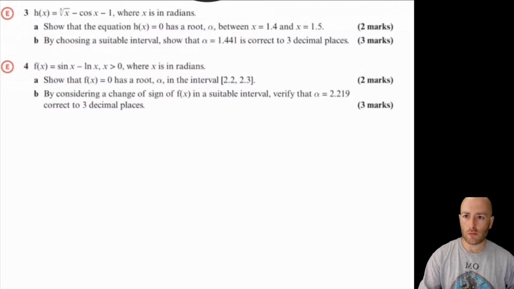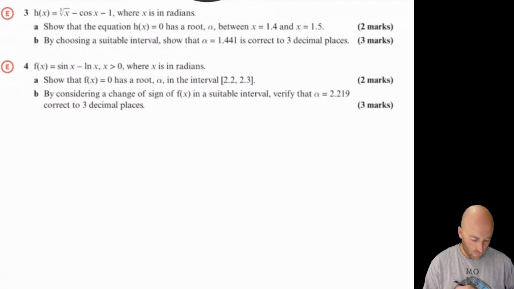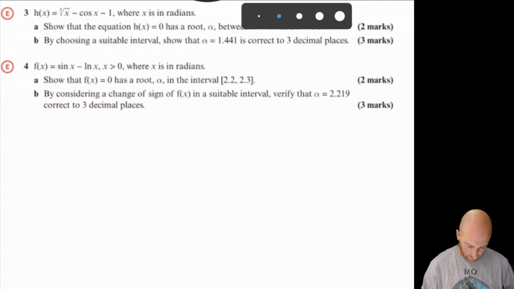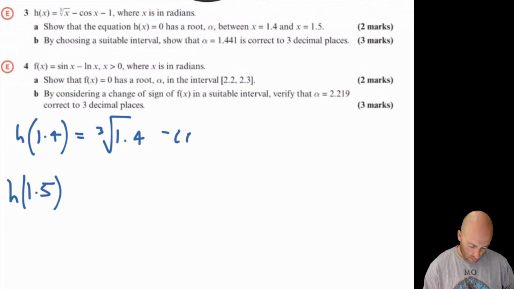So, show the equation has a root between 1.4 and 1.5. Okay, so we're going to do h of 1.4 and h of 1.5. So doing the cube root of 1.4 minus cos of 1.4 minus 1.